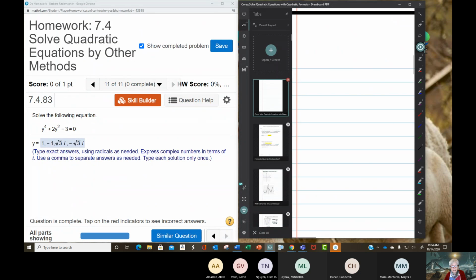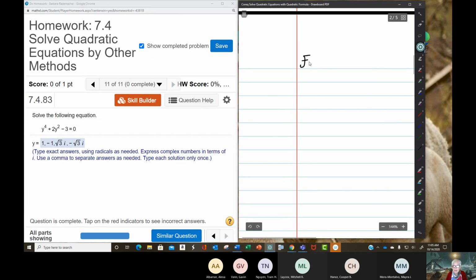Really, the letter's going to be y, but I don't want to say f of y. So, f of x equals x to the fourth plus 2x squared minus 3. Make sure I copied it right, except for the letters, of course.